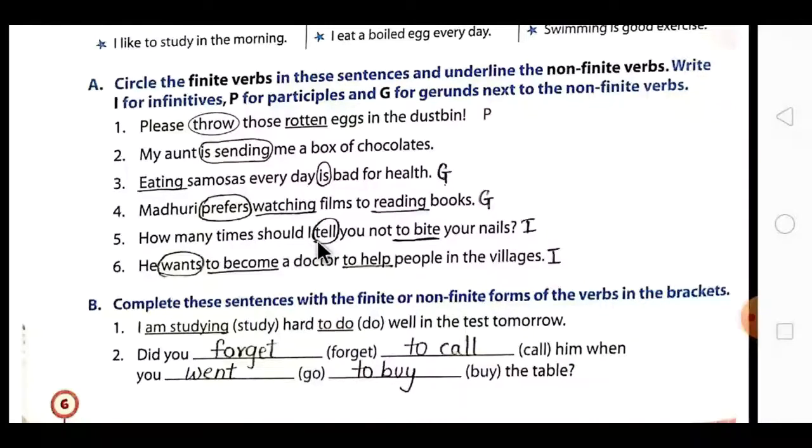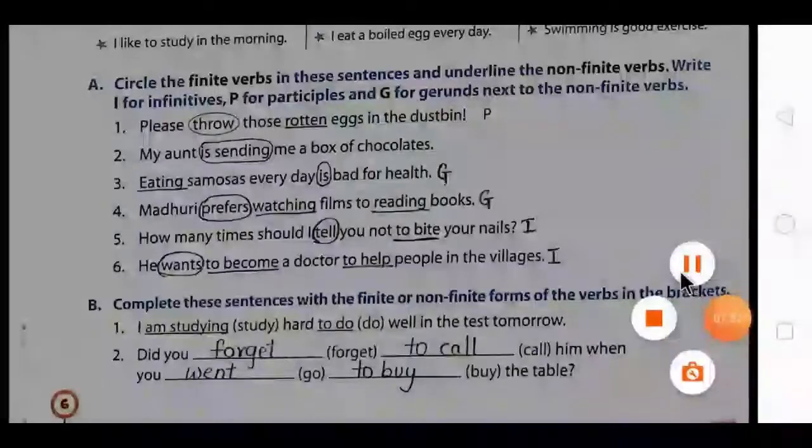Now in this, tell is a finite verb and to bite is a non-finite verb, and to plus verb is an infinitive. And the last one is, he wants to become a doctor to help people in the villages. Now wants is a finite verb, and to become and to help are non-finite verbs, and to plus verb form is called an infinitive.